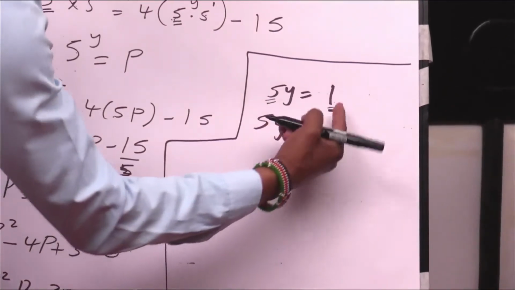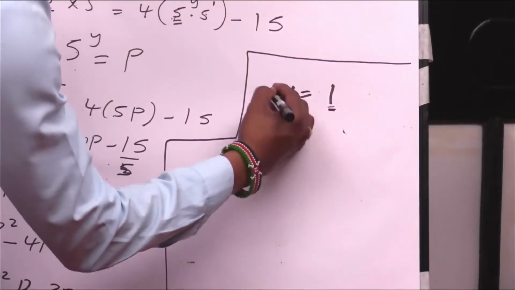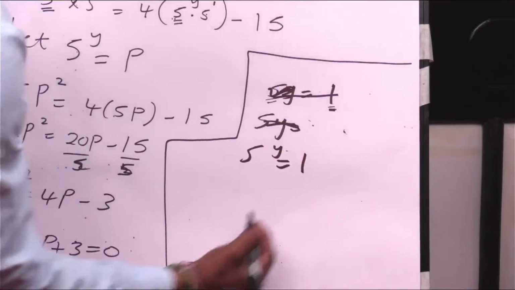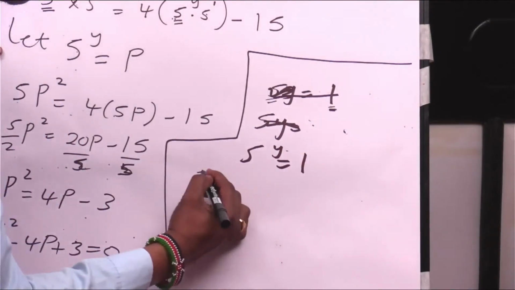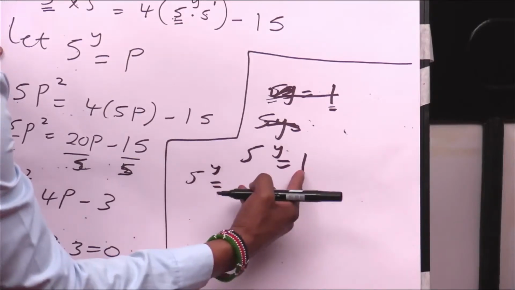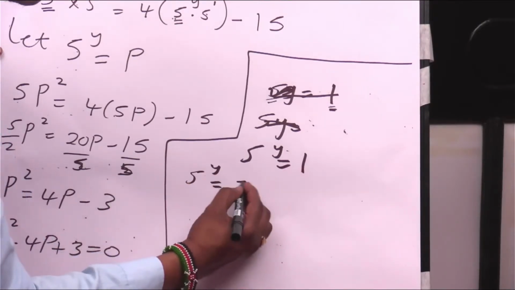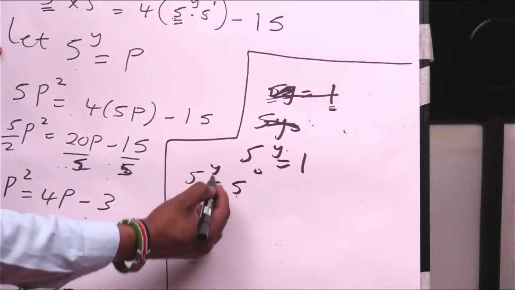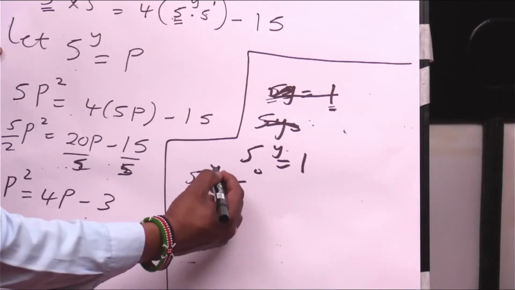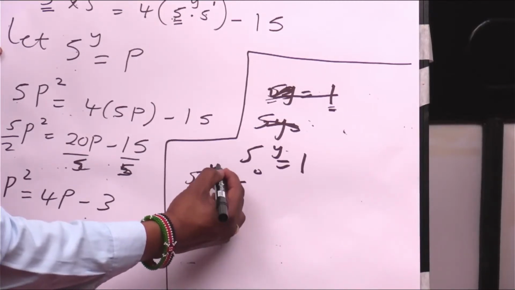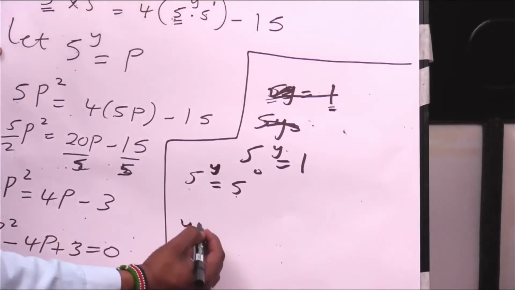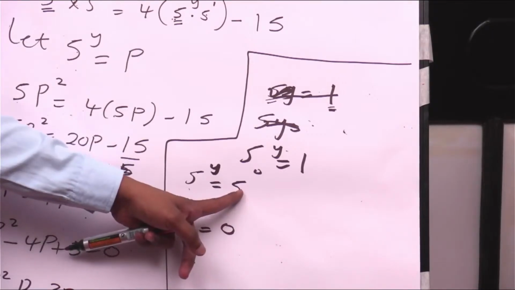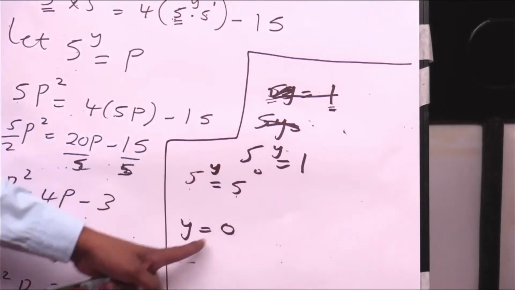But how do we make it? So 5 raised to power y equals 1. Therefore, 5 raised to power y equals, you make this to base 5, becomes 5 raised to power 0. Then by laws of indices, if the bases are the same, you equate their powers, which is y equals 0.